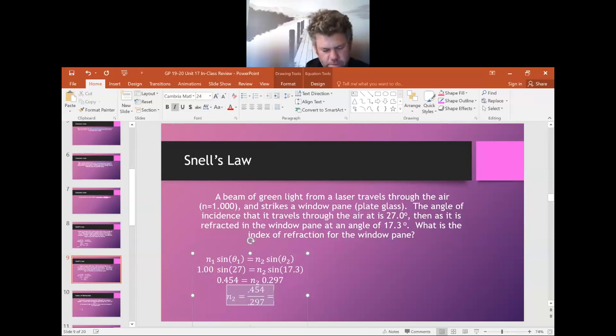The index of refraction for this one is 1.53. So again, I took the sine of 27, multiplied it by 1, got 0.454, divided that by the sine of 17.3, and got my index of refraction of 1.53 for this one.